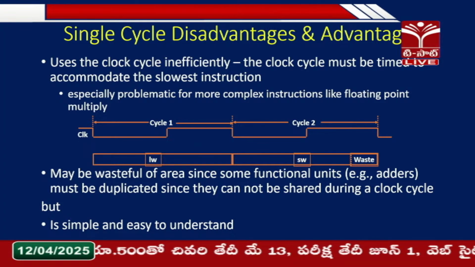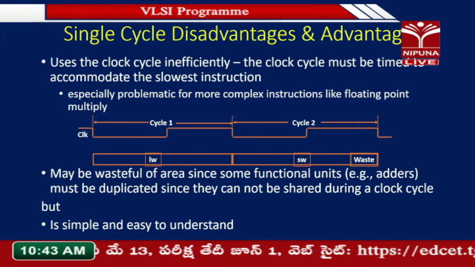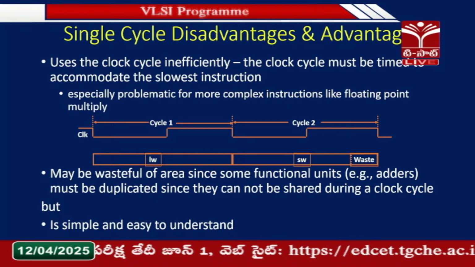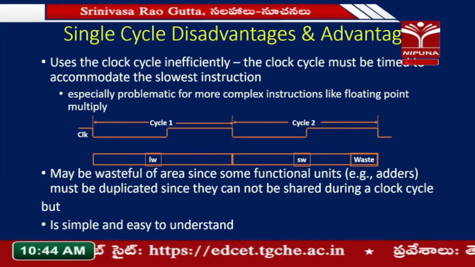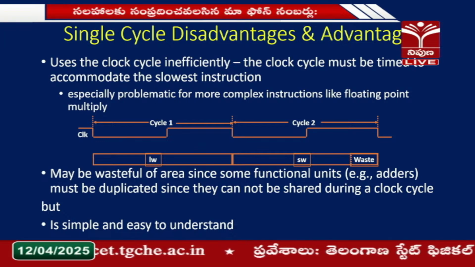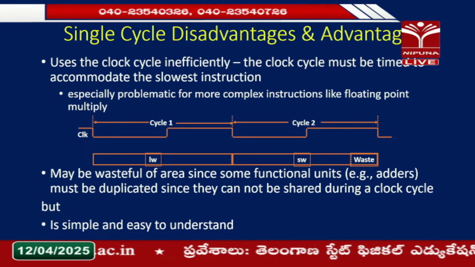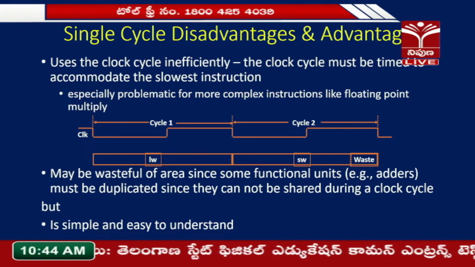The load word takes the full clock cycle because that's the longest instruction that you have to execute. In a single cycle, the store word is quicker. Let us assume the store word or an ALU operation is quicker, then you are able to execute within 3/4 of a clock cycle or a half clock cycle.